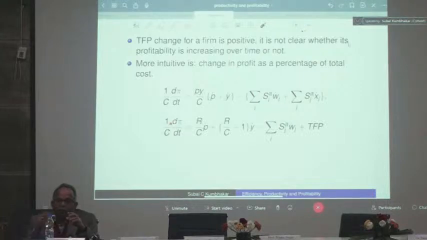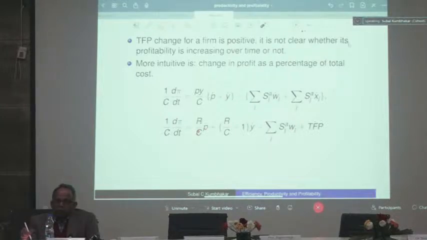Right? So again, your life is a lot easier in explaining to people what is happening to profitability, because that is a measure of physical productivity change as well as the financial measure coming from change in input prices that is given in here and change in output prices.